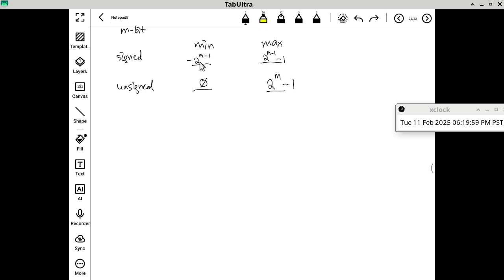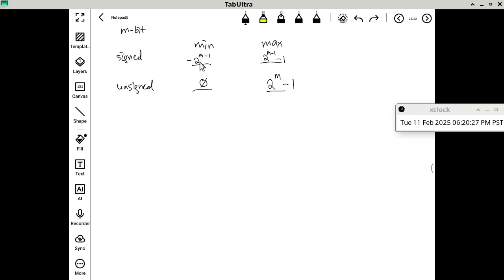On the number wheel of 4 bits, what was the most negative value on that wheel? -8. So given that there are 4 bits, is -8 the same thing as -2 to the power of m minus 1? Yep. What about the most positive value when you look at the number wheel from the signed perspective?